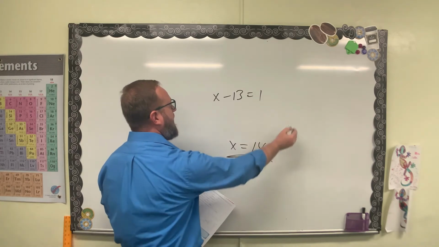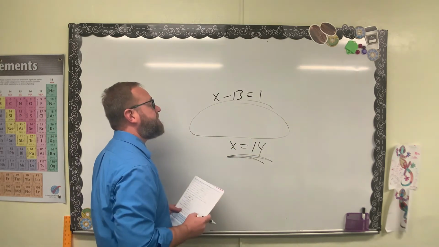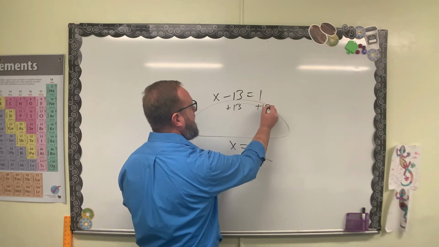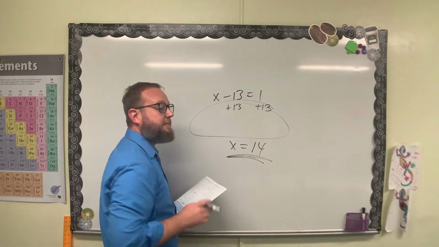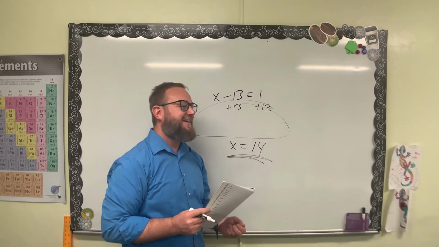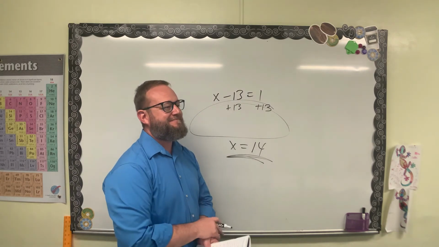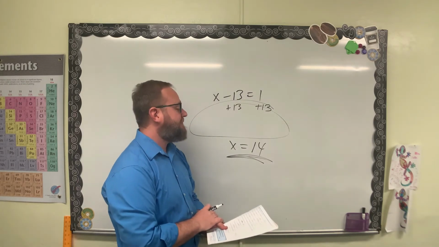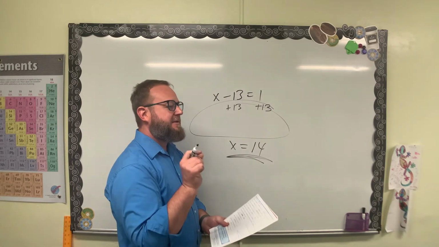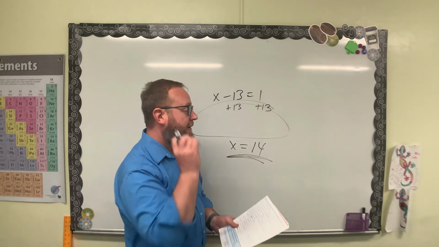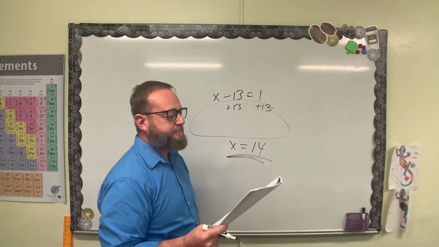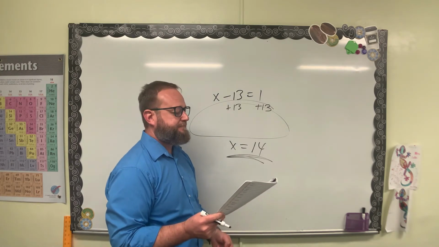Now, what did I do in the middle to get there? I added 13 to both sides. So what property did I use? Addition. Because the step I took specifically was adding 13 to both sides.